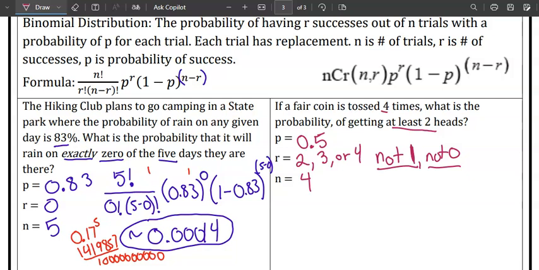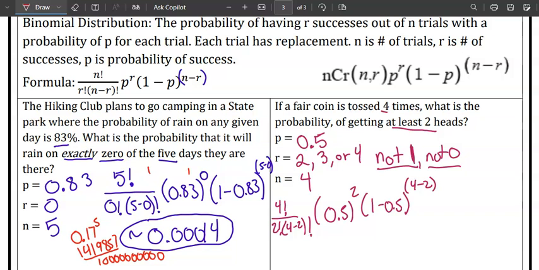Let's plug these into the formula 3 times for 3 different R's. 4 factorial over 2 factorial times 4 minus 2 factorial, times 0.5 to the second power, times 1 minus 0.5, which is also 0.5, to the 4 minus 2 power.